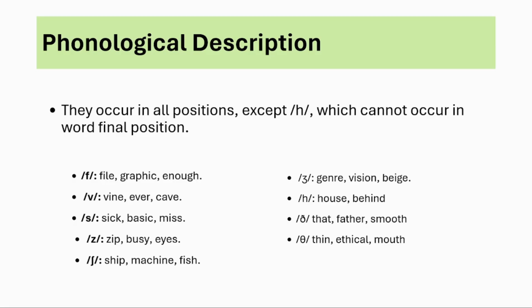For the voiced alveolar fricative: zip, busy, eyes. For the voiceless postalveolar fricative: ship, machine, fish. For the voiced postalveolar fricative: genre, vision, vase.